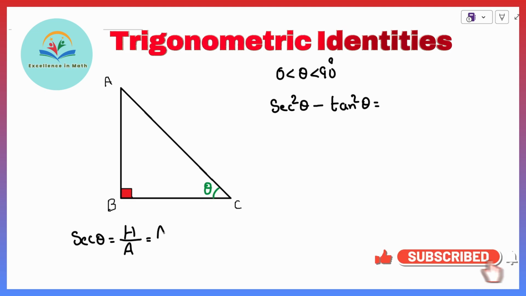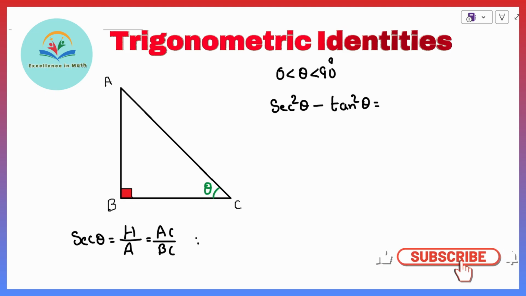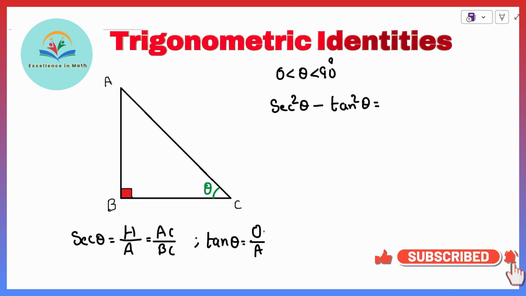Here the hypotenuse is AC and the adjacent is what? BC. Clear? Now let's come to tan. Tan always compares the opposite side to the adjacent side, that is equal to AB over BC.